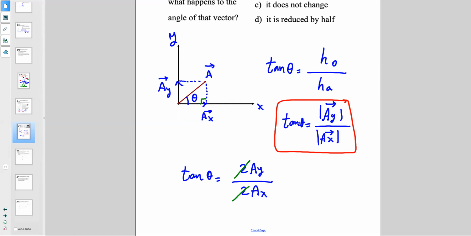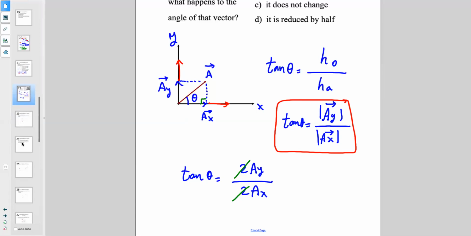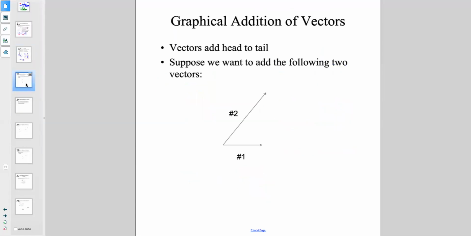So that means the angle doesn't change. Meaning that if you double this side, you have changed the vector for sure because you have changed its components, but you haven't changed the direction because you have changed the components with the same factor. Okay, this is the end of part 2. We'll go to part 3 after this.